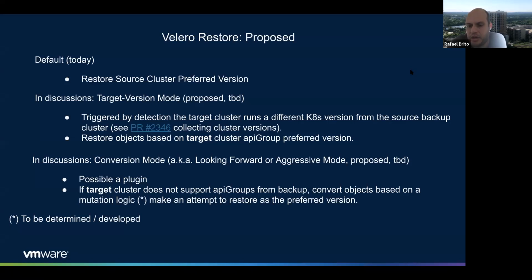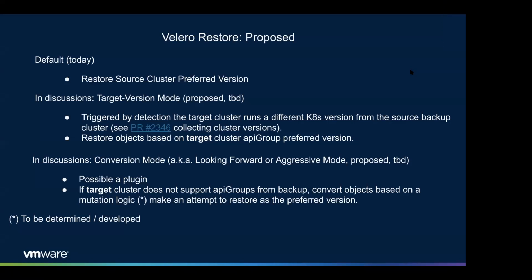The complications start to happen when you're running so many releases behind that the preferred version of that old release will no longer be supported on whatever cluster you're going to. But if you do it incrementally, you're covered. Does it make sense? Yes. So we just have to incrementally update from one minor version to the next.